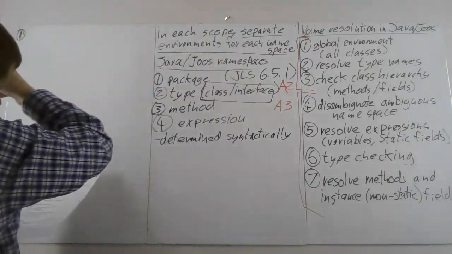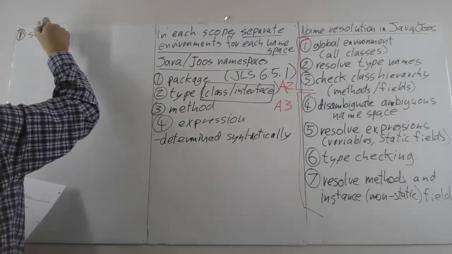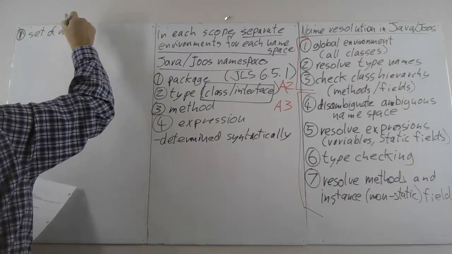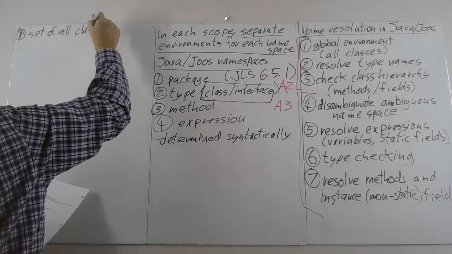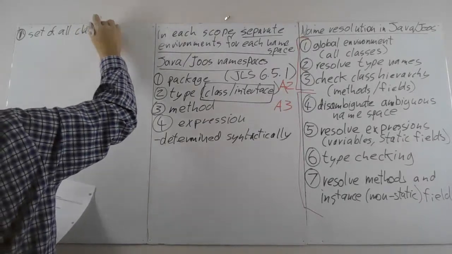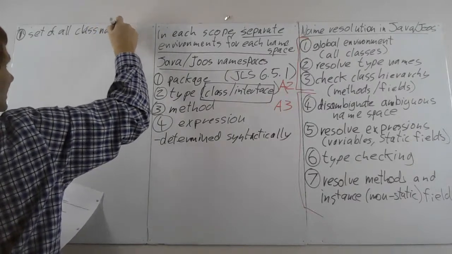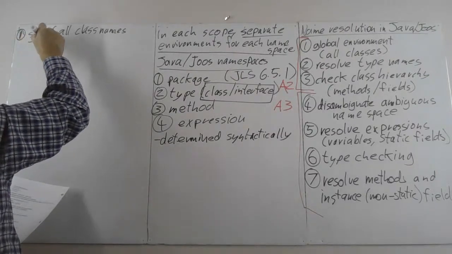So the global environment. There's not really much to say here other than we have to run through the entire program and make a set of all class names. And we want the full name, including package name.